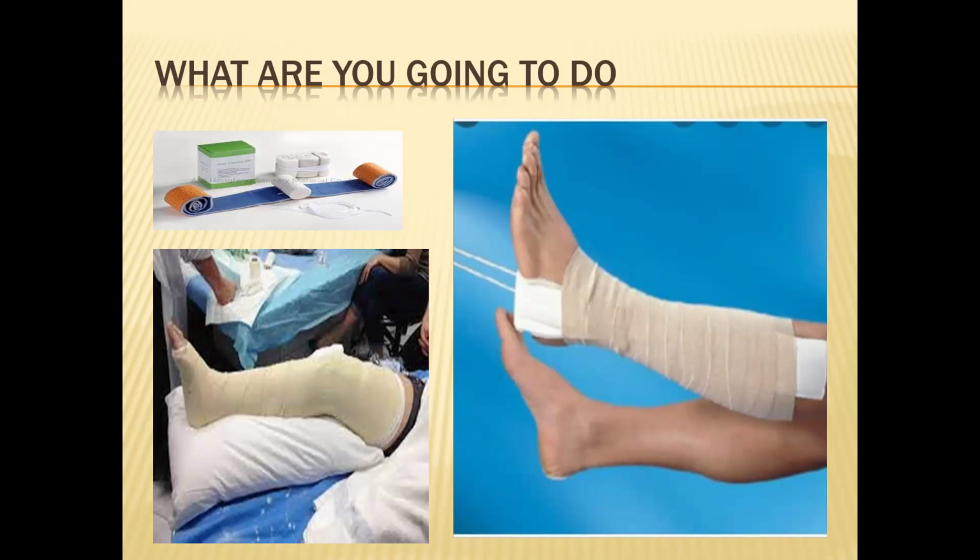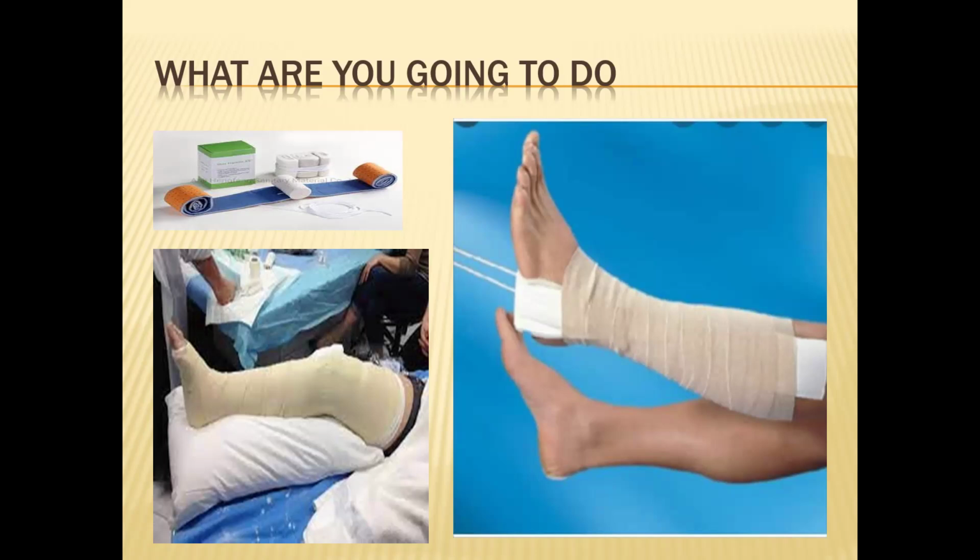So after providing proper analgesia to the patient, we should immobilize the limb. How can we immobilize the limb? We should apply skin traction. Skin traction is available in the ER. We can see skin traction in the picture. This one has a blind end and open ends.